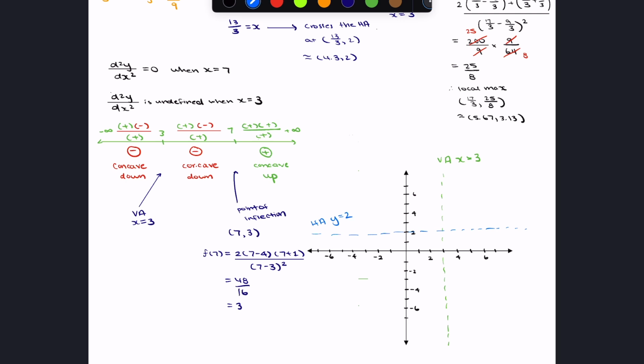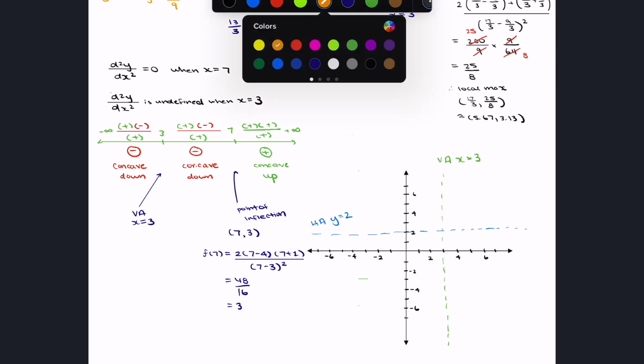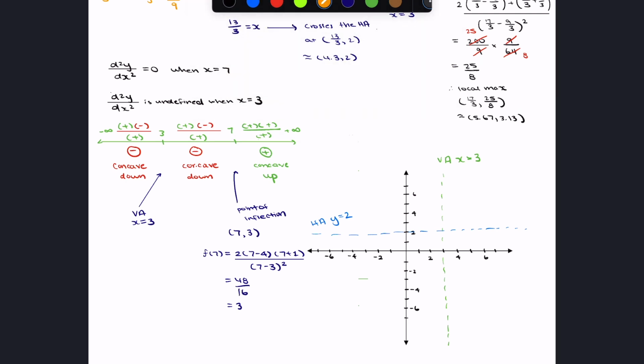And so let's take a look at a couple of pieces of information that we know. We also know that we have a y-intercept at 0 and -8/9. Here we can put that there. So that will be where our y-intercept is.